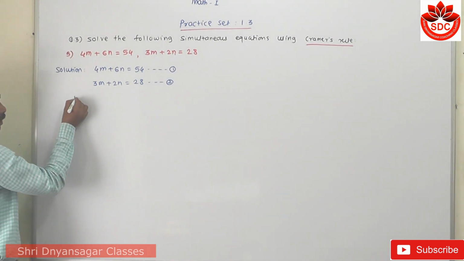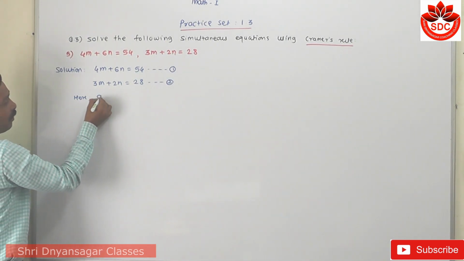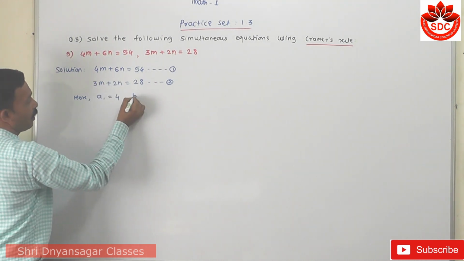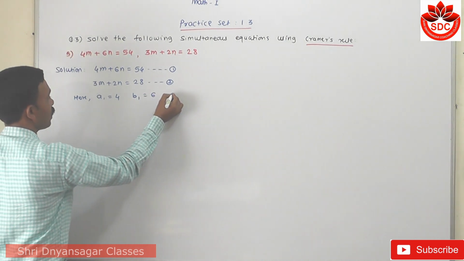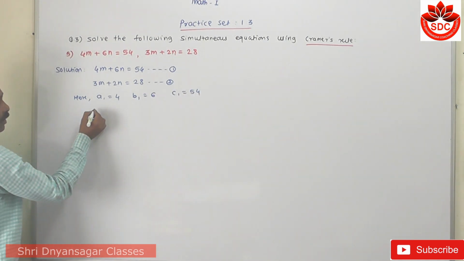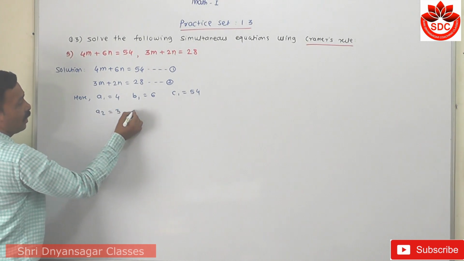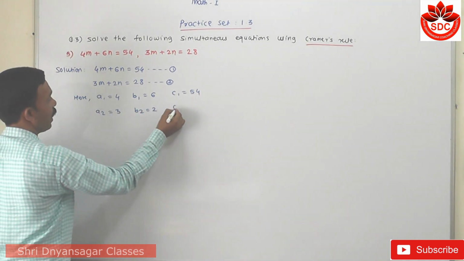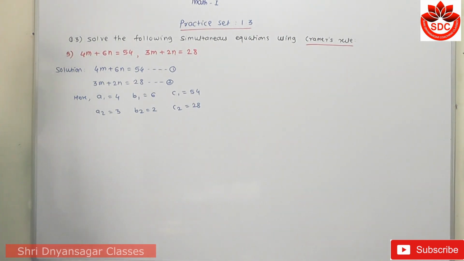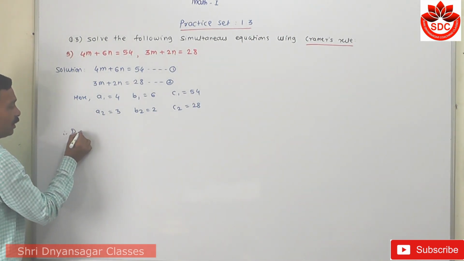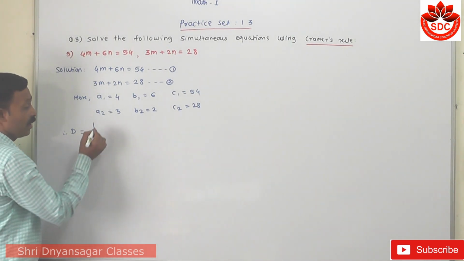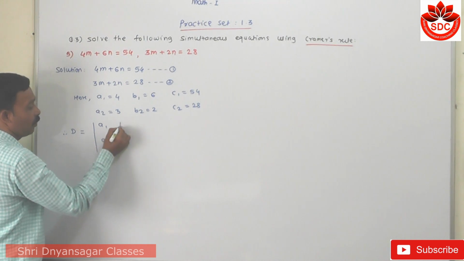Now here a1 is equal to 4, b1 is equal to 6 and c1 is equal to 54. Here a2 is equal to 3, b2 is equal to 2 and c2 is equal to 20. Then we can find out the value of determinant D. The formula is a1, a2, b1, b2.